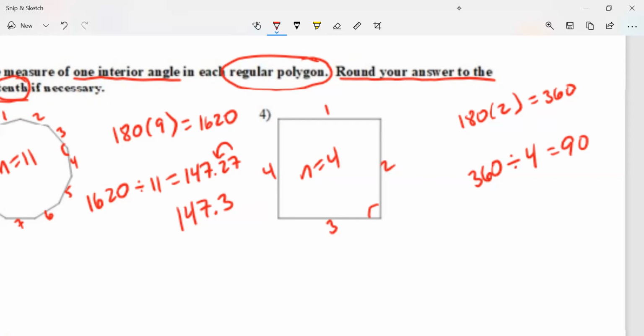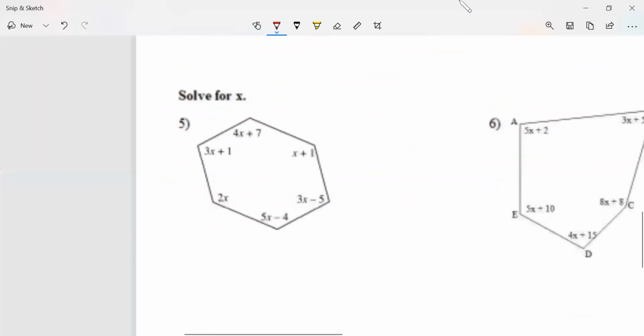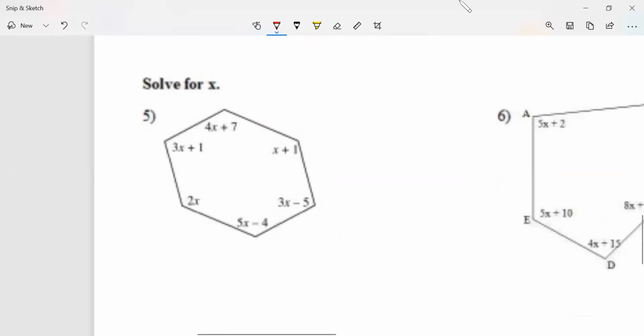Okay, now let's take a look at question number 5 and 6. Here, I have to solve for x. I learned back in Algebra 1 how to do simple equations. Let me add all my angles. I remembered back in pre-algebra foundations, some of you saw this in middle school, when I'm adding something, I'm basically going to start by combining my like terms.